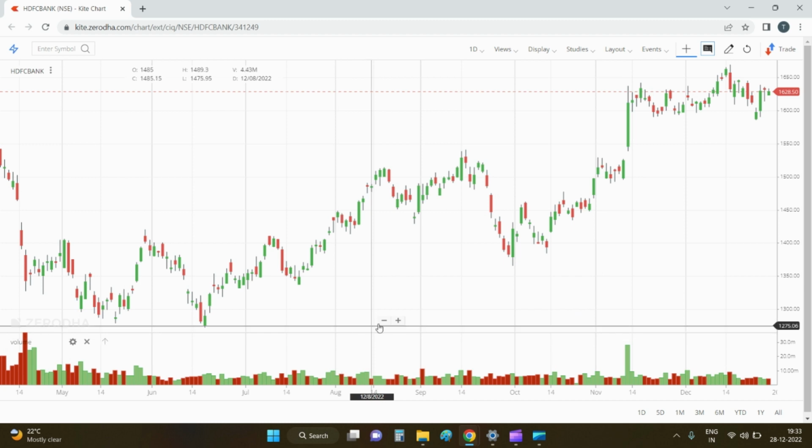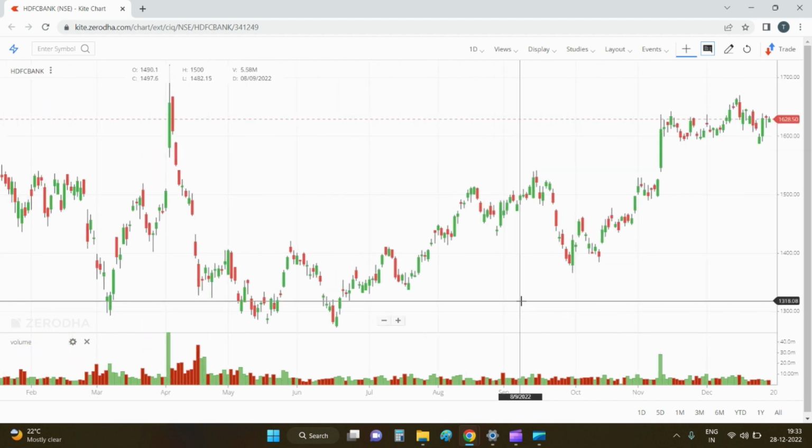These volume indicators are used in trading to check whether there is a breakout or breakdown in a stock, and whether it happened with big volumes or not, because generally a breakout or a breakdown without volume becomes a false breakout. So we need to check the volume of the stock during that kind of trading also.